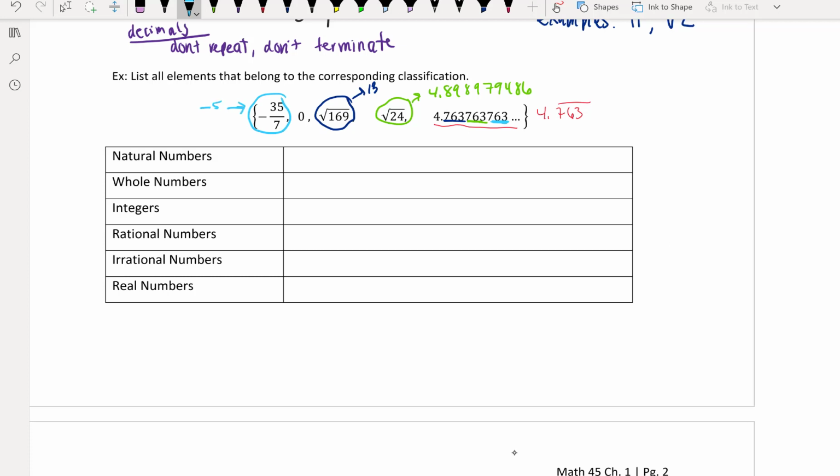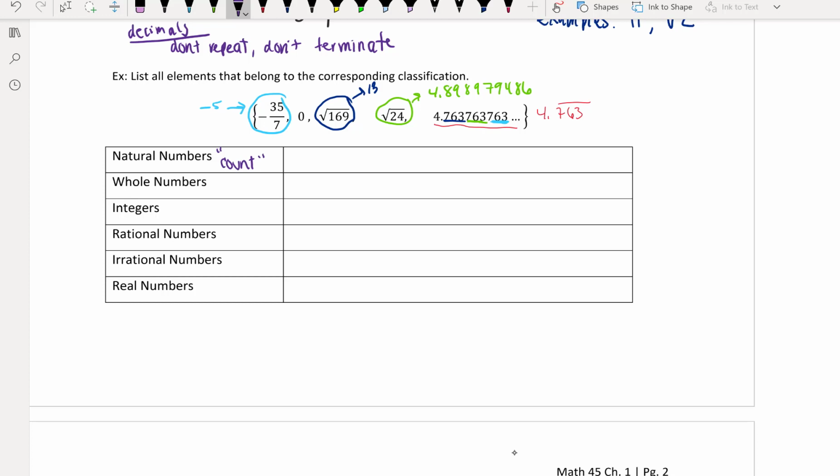So sometimes it's just a good idea to figure out what everything is simplified to, so that way you can organize it. So the only number here that's a natural number, remember how you naturally count things. So maybe I'll even put in here numbers that you count, to help me remember.